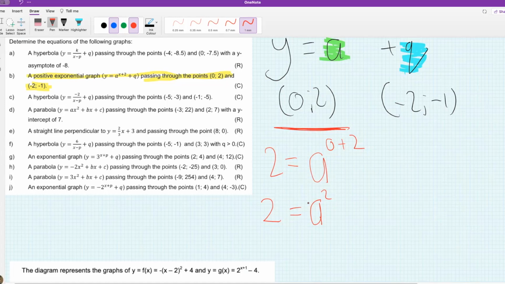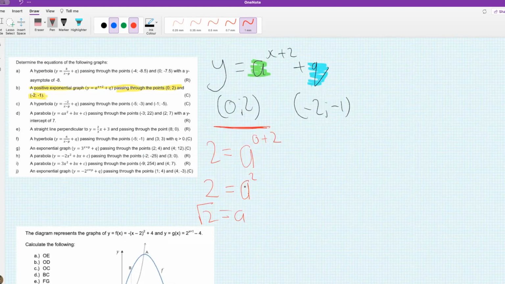If I square root both sides, I will get that a is square root 2. All right, so we now know that a would be square root 2 by using this point, and we've used that one up. But now I want to find what q is.